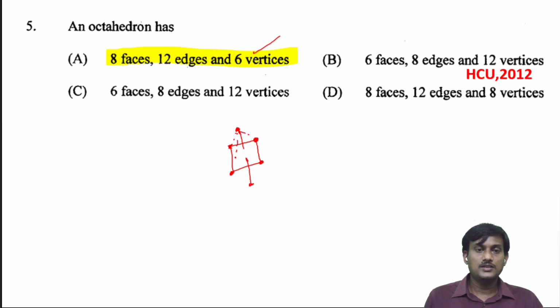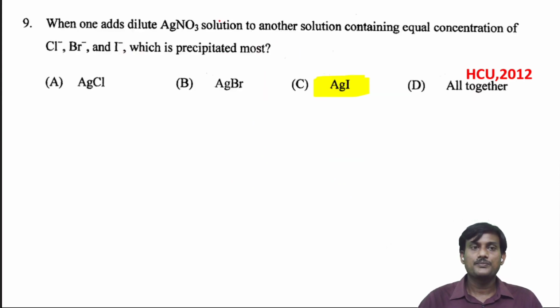When you connect these positions, you get 4 faces above and 4 faces below, so 8 faces. And also we have 12 edges. In the plane we have 4 edges, above the plane we have 4 edges, and below also we have 4 edges. So finally we have 12 edges.